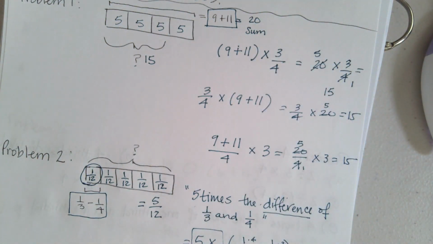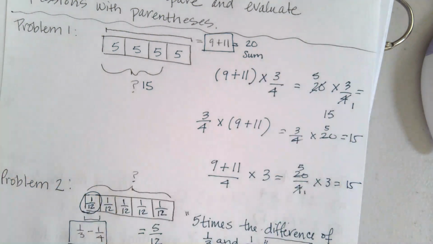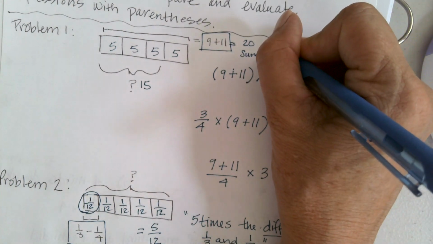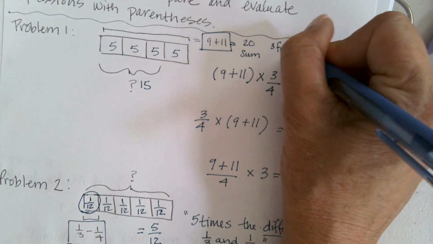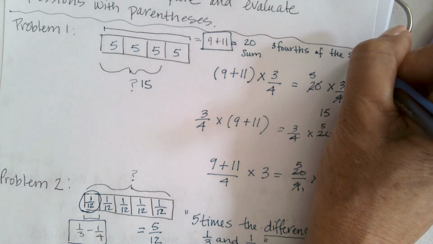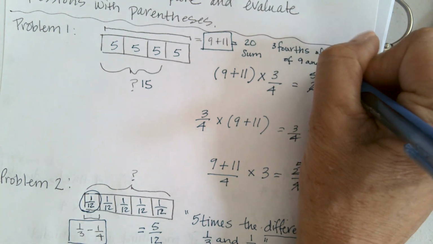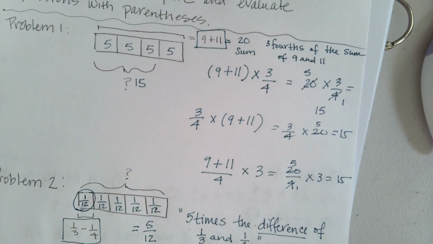How about the sum of, we could do the sum of 9 and 11 times 3/4, or you could write up here, since I wrote the words here, let me write the words up here. 3/4 of the sum of 9 and 11 is probably the best way to write that. 3/4 of the sum of 9 and 11.